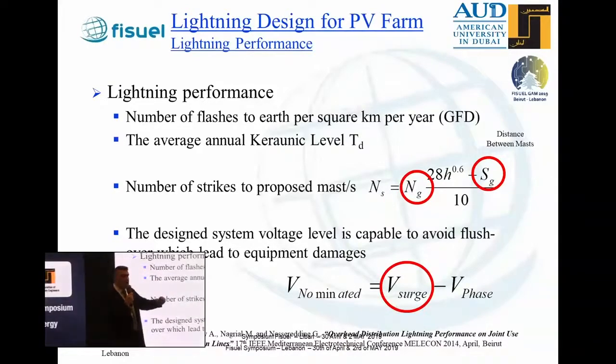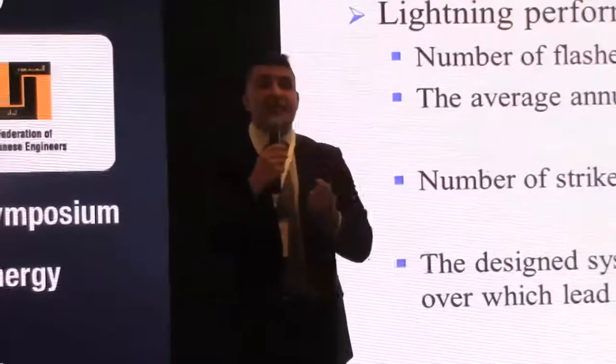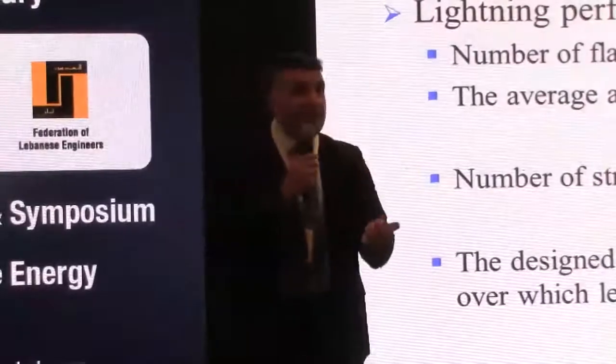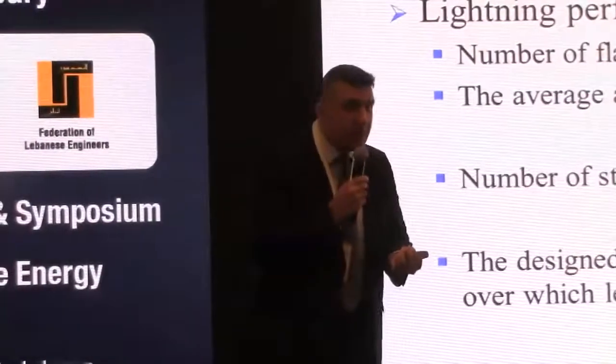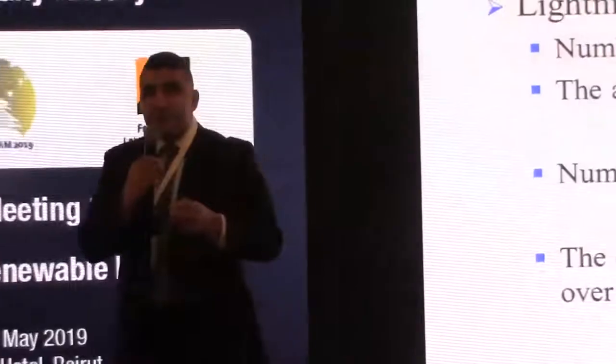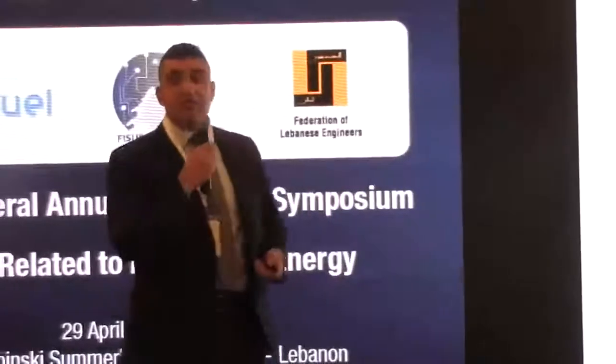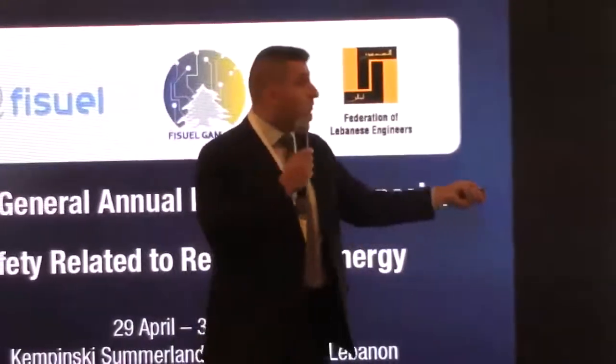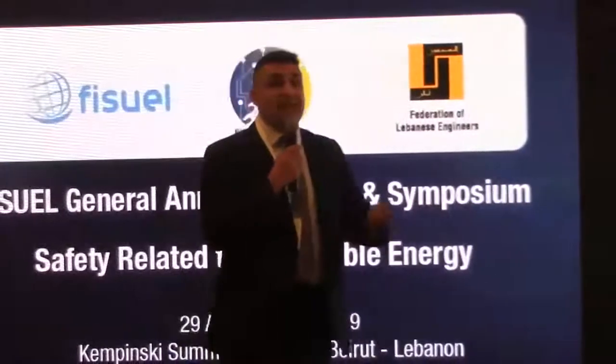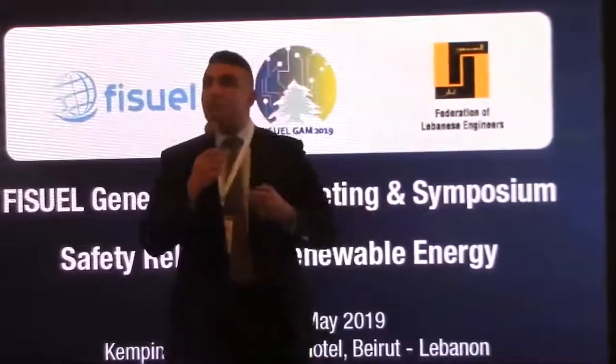When a lightning hits the ground, it will create a surge voltage because you have a current and you have a surge impedance. Surge impedance with the current causes the surge voltage. Therefore, the earth grid plays an important role, because based on my earth grid resistance, my surge voltage will be determined.